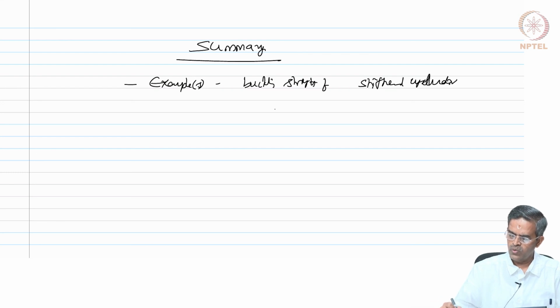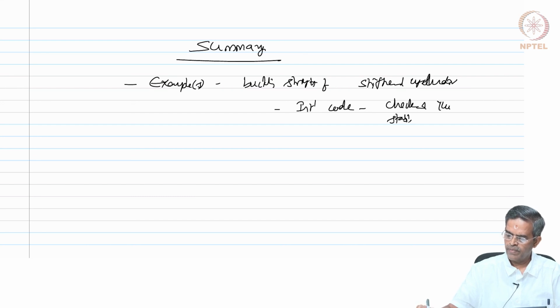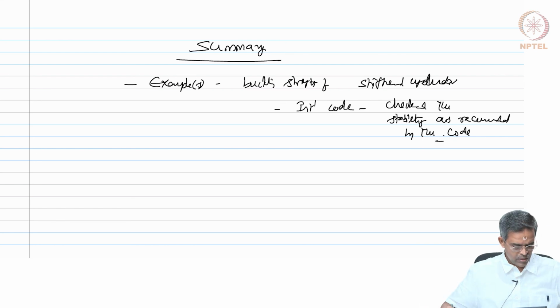In fact, we have used an international code and checked the stability as recommended by the code. So, that is the procedure of how buckling strength or buckling stress estimates are practiced and applied in design as far as international codes are concerned.